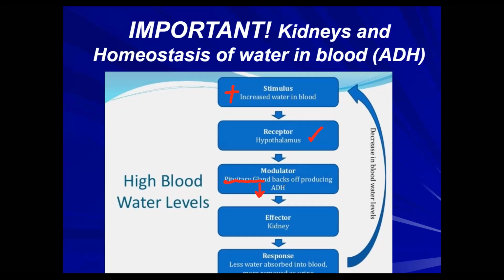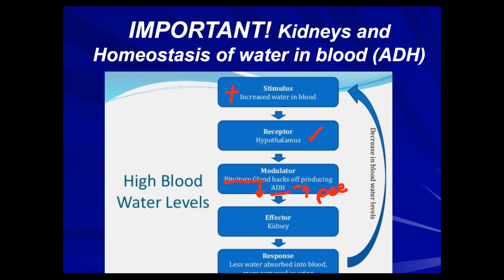Now, I know that's kind of like a double negative because we're reducing something that is antidiuretic. So really, let's think, is this going to make you pee more or pee less? Well, antidiuretic means no diuretic, so that's going to be no pee. But if we reduce the no-pee antidiuretic, it means we're actually going to increase the amount of water that we pee out. So I'm going to put increase pee.